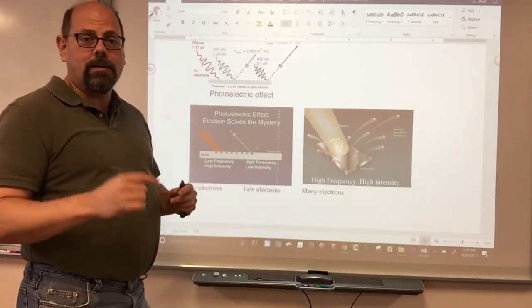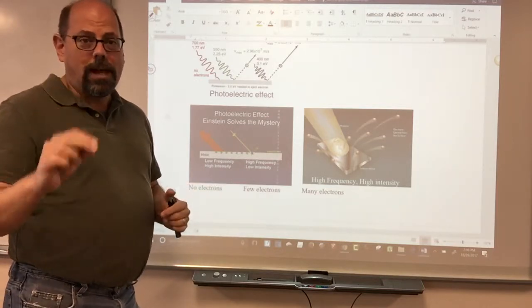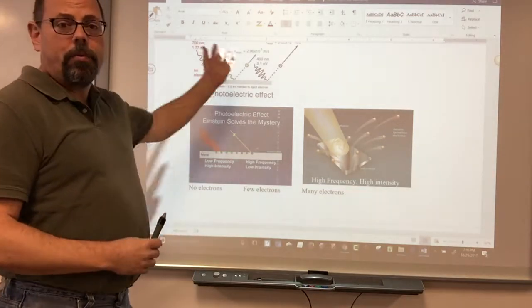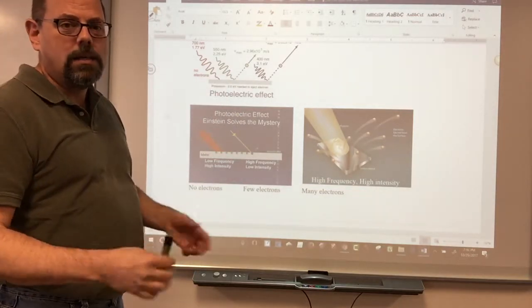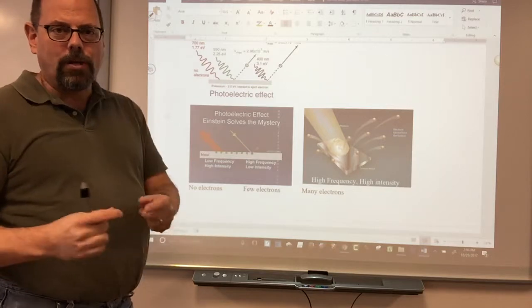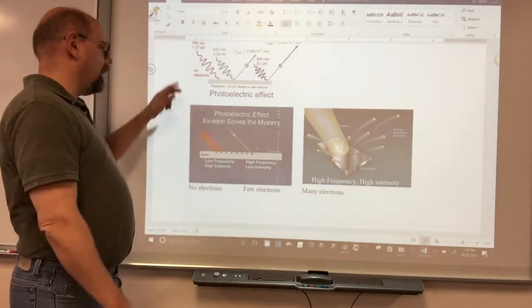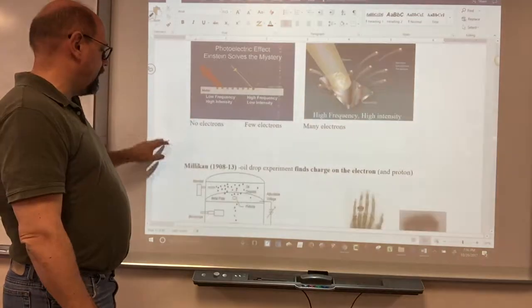So Einstein was able to show that these individual light beams were interacting with individual electrons, and they gave proof for what Planck was talking about. The quantized amount of light interacts with a quantized amount of matter, the electron, and they are able to eject them. That's what he got a Nobel Prize for, the photoelectric effect.